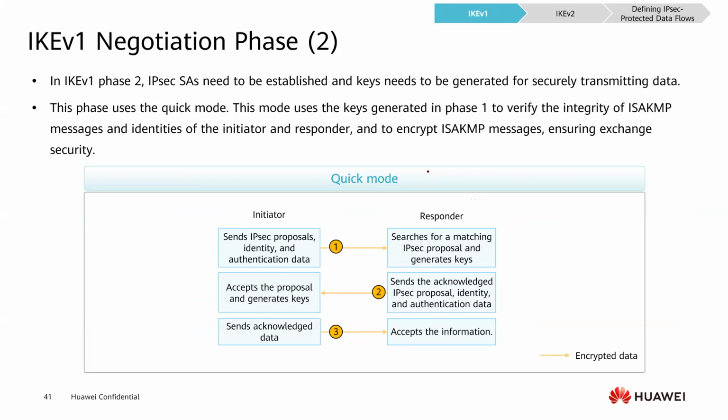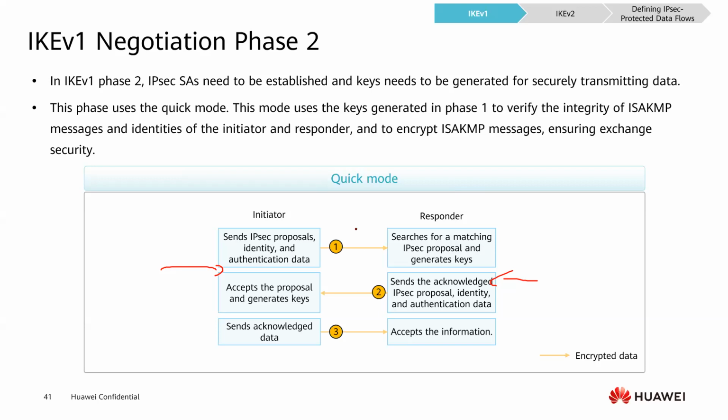And then let's go into phase two. Phase two exchanges the symmetric key and other information related to the IPsec SA, for example, whether I should use tunnel mode or transport mode, and whether I should use the AH header or the ESP header.